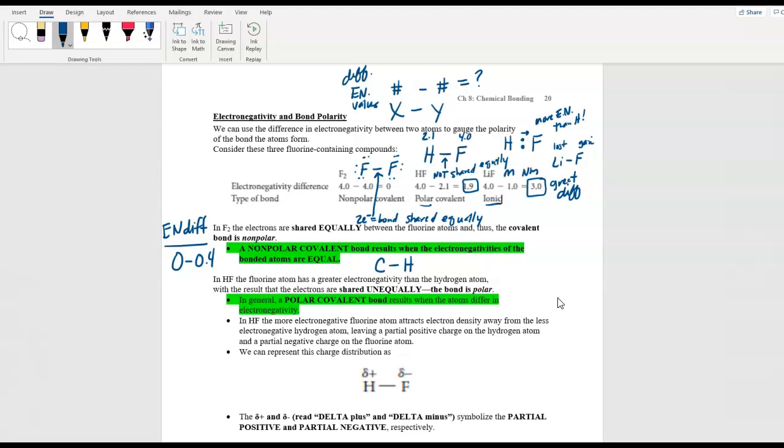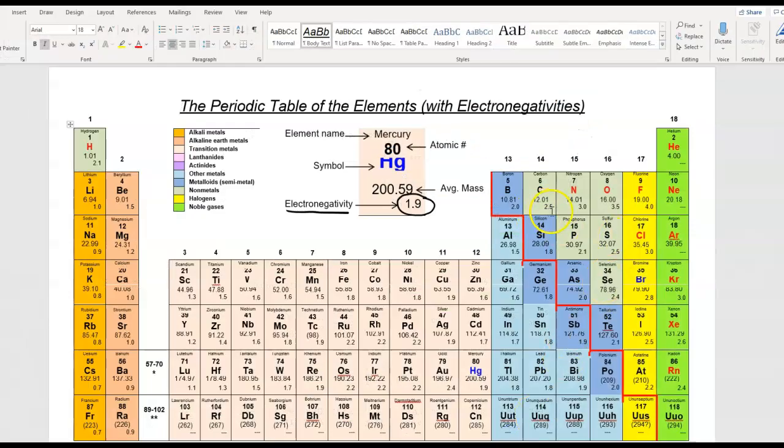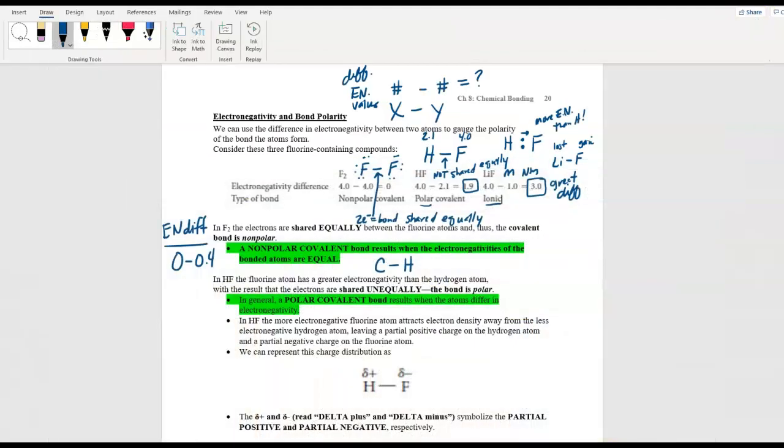It's always nonpolar. So if you look at the values for carbon, look at our fancy new periodic table. Carbon right there is 2.5. And I got hydrogen over here, 2.1. That's why I said you need to know some values, so you don't have to be looking them up. If carbon is 2.5 and hydrogen's 2.1, when I subtract those two values, I get 0.4.